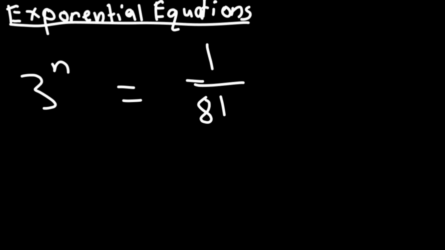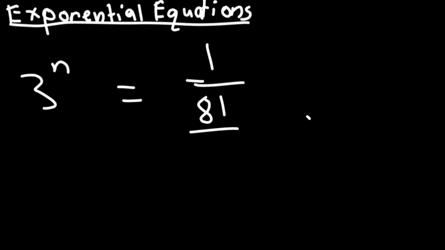So again, our main objective is to make both bases the same. So what I can do is I can try to make this 1 over 81 as a power of 3. Now, I know that I just said that I should make the bigger number into the other power, but in this case, we want them both to be not a fraction, like one integer. So 1 over 81 as a power of 3.